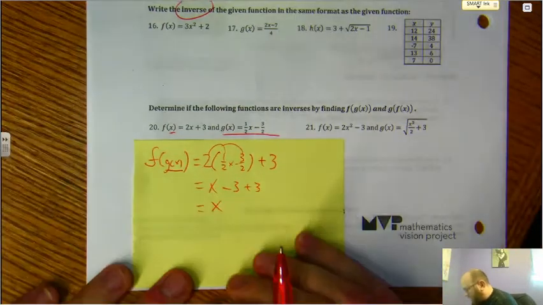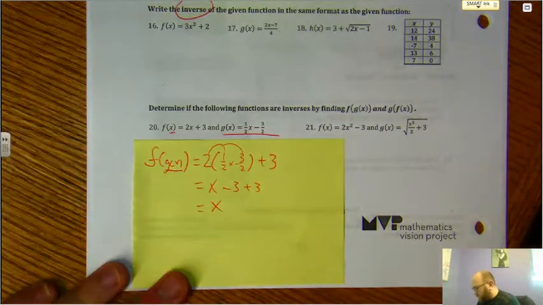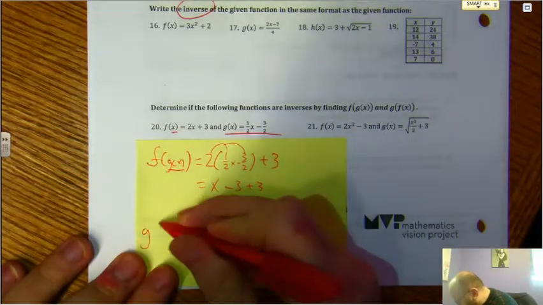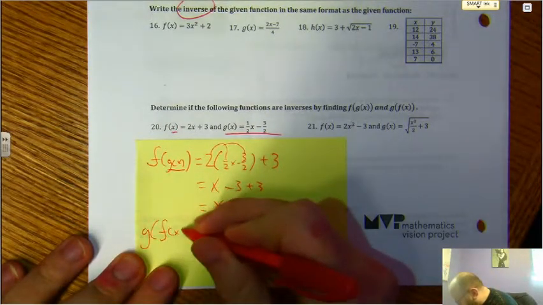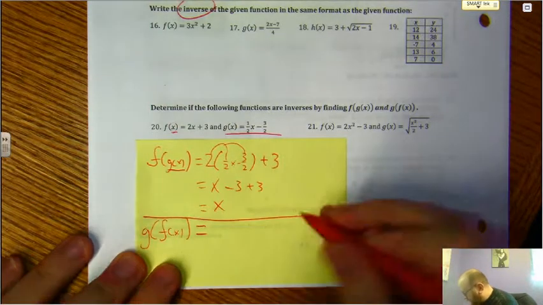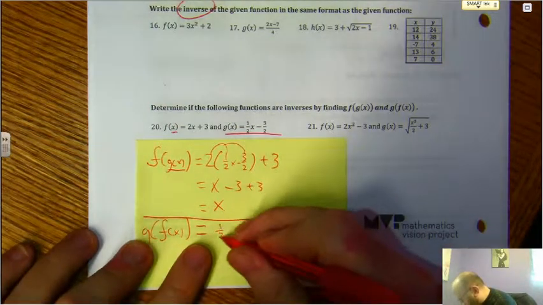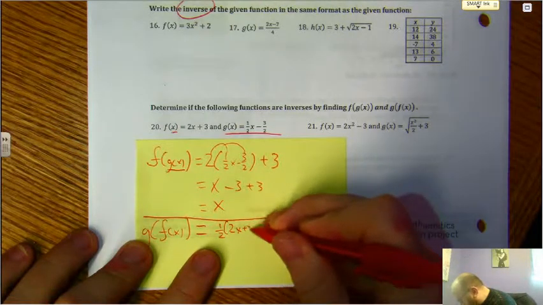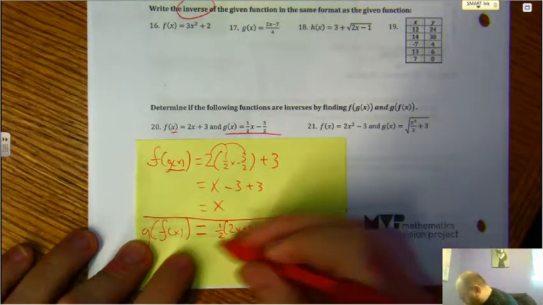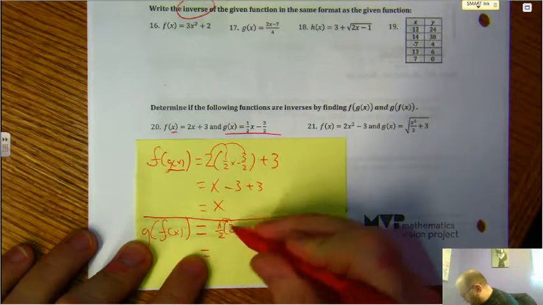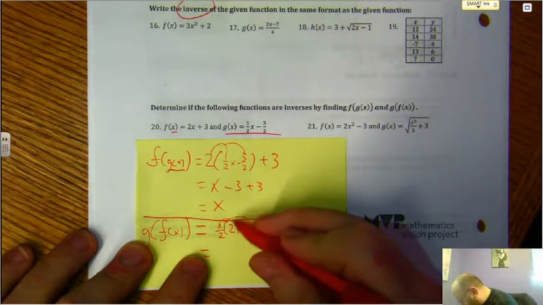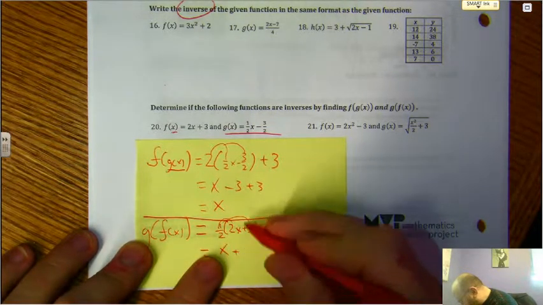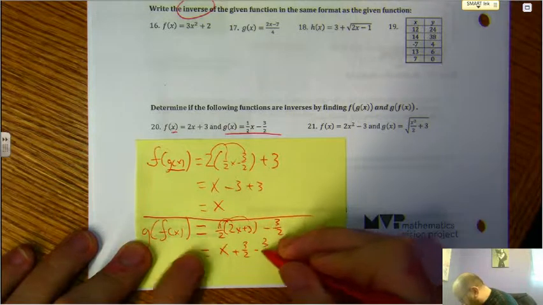Done. So if f of g of x equals x, let's try it the other way. What is g of f of x? So g of x is 1/2, but instead of x, it's 2x plus 3, minus 3/2. If I distribute, that's going to be x plus 3/2 minus 3/2.